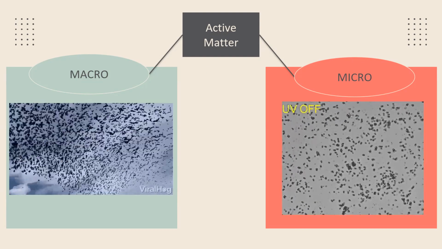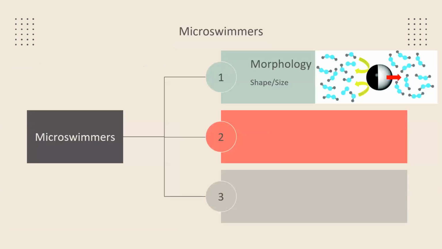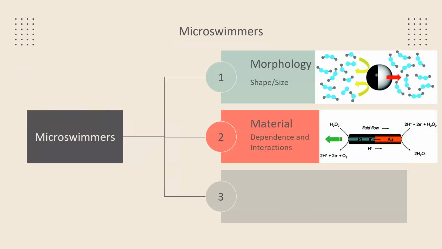So let's take a look at some examples of just basic microswimmers and how different changes to their morphology, their material, can all change their motion as well as their dynamics in the system.